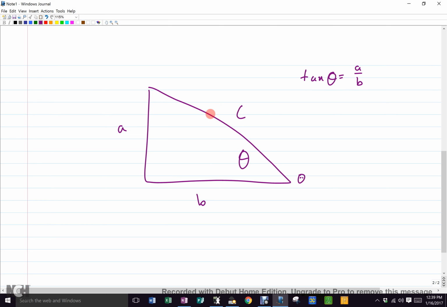So as I rise, eventually I'm going to be looking straight up, aren't I? So if I'm looking straight up, do I have any horizontal distance? No. I'm looking straight up. I have no horizontal distance.